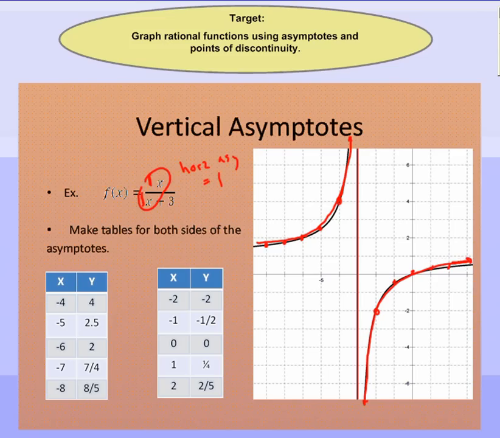Notice that these values are never going to cross over y equals 1. As you keep inputting values for x to the right, 3, 4, 5, 6, 7, the numerator will never be as large as the denominator. As you keep going to the left and inputting -9, -10, -11, the y values will reduce, but they're never going to get to 1.